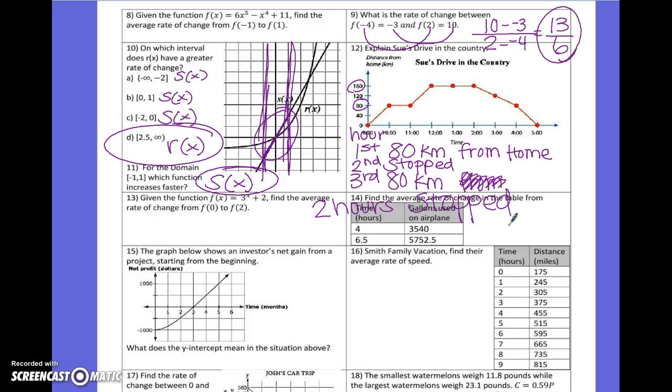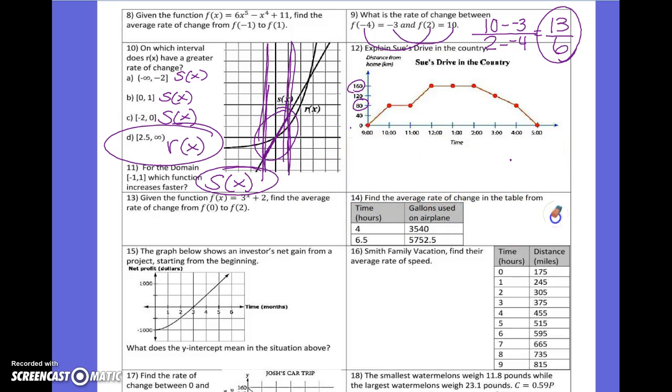The next hour, she goes 40 kilometers closer to home. And the last hour, she goes another 80 kilometers and she reaches home. So we want to write something out like that. I'm not going to keep writing that out. Oh, you can do that part.